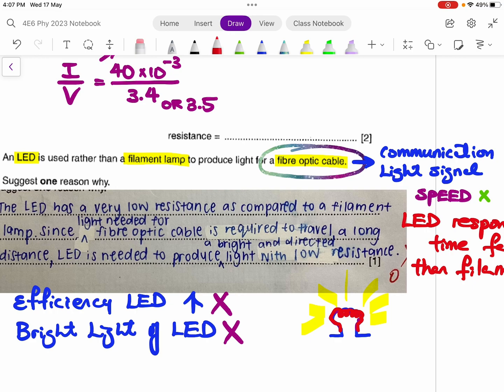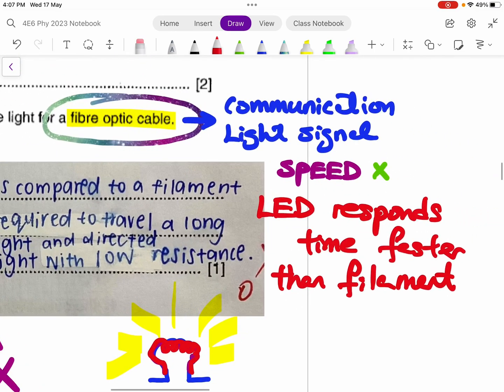It's not in your scope. But for filament lamp, you know it takes a certain time to heat it up, and when the heating reaches a certain temperature, then light will be emitted. So definitely this way of producing light will take a longer time compared to LED, right? So because of that, the perfect answer actually is about response time.